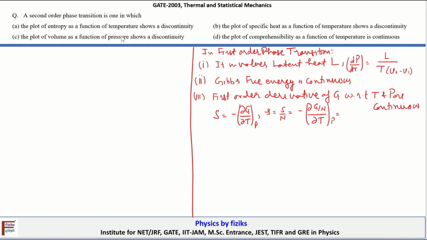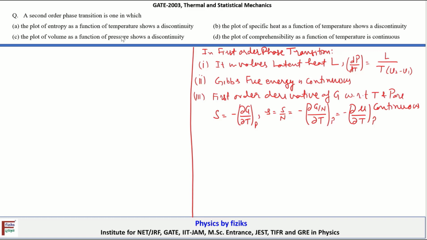So that is equal to minus dmu/dT. So even the chemical potential is continuous in a first order transition, because it's connected with the Gibbs free energy per particle, which defines the chemical potential. Because S is continuous, the variation of mu with T is also going to be continuous.